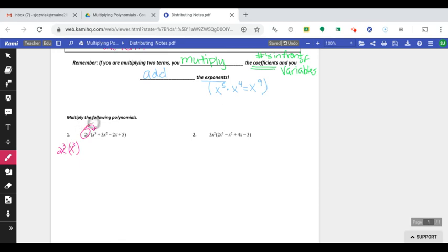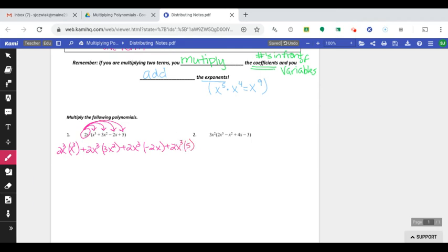And then I'm going to do 2x to the third again, and multiply it by 3x squared. Then I'm going to take that 2x to the third and multiply it by negative 2x. And then finally, I'm going to take that 2x to the third and multiply it by 5.